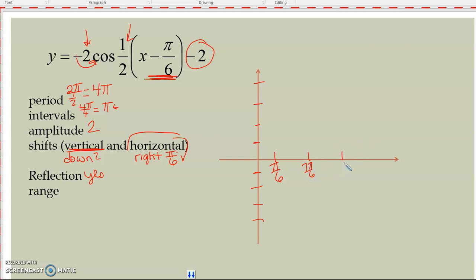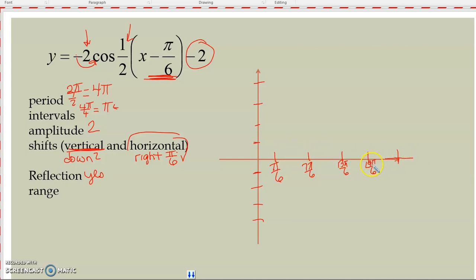If I add another 6 over 6 pi, I get 13 pi over 6. If I add another 6 over 6 pi, I get 19 pi over 6. And we're going to have one more mark, so we have to have 5 marks in 4 spaces.